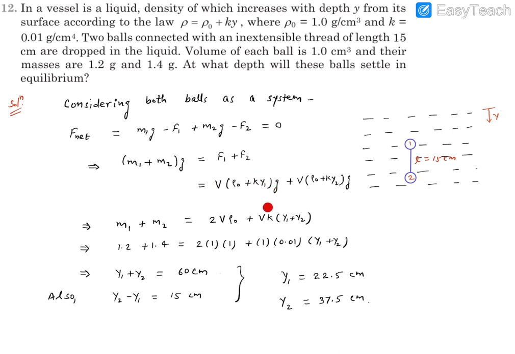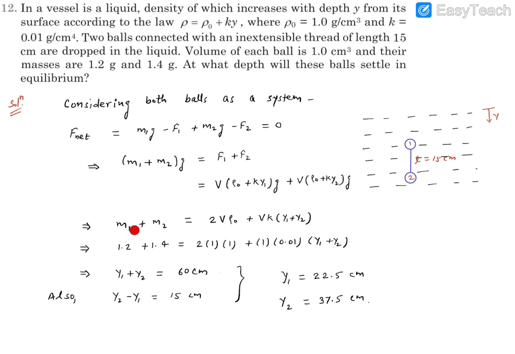That's the first buoyancy. The buoyancy acting on the second is going to be by the same formula, submerged volume v into the density at this location. Let's consider this depth is y2, so the density becomes rho naught plus k y2, into gravity. So that becomes the expression.